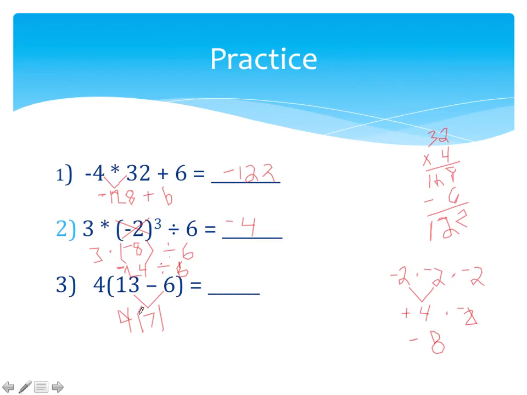All right, notice there's no operation between the 4 and the 7 that's inside parentheses. Whenever you don't see an operation, that should automatically show you that it's going to be multiplication. So now I just have to multiply 4 times 7. Since both numbers are positive, I know my answer is positive. So 4 times 7 gives me 28.